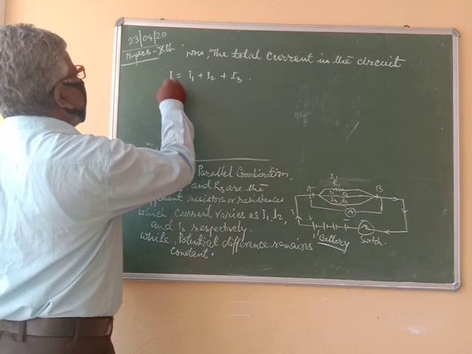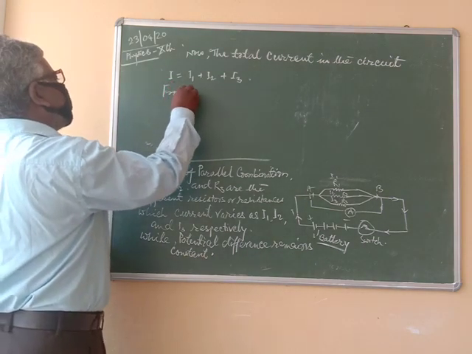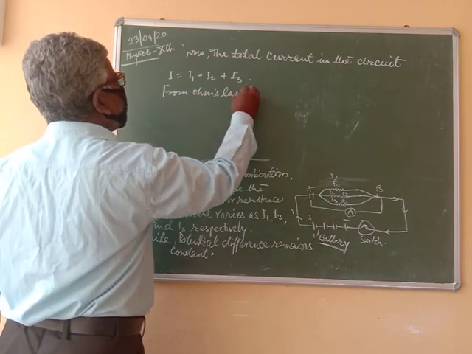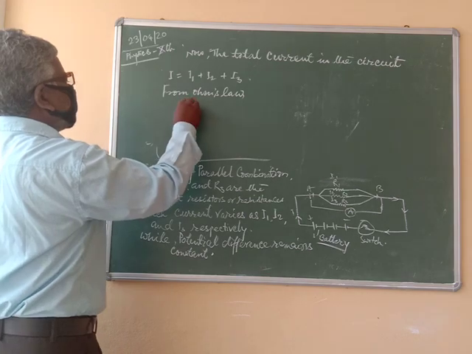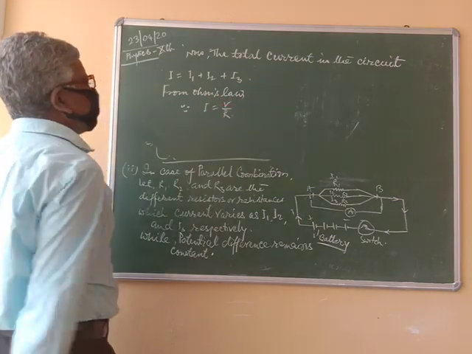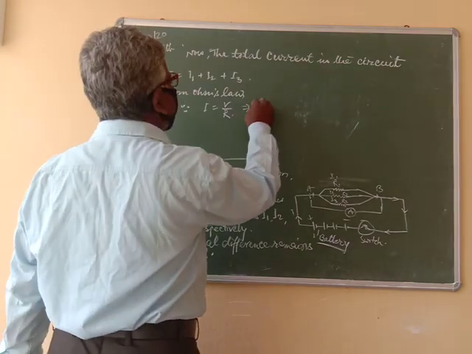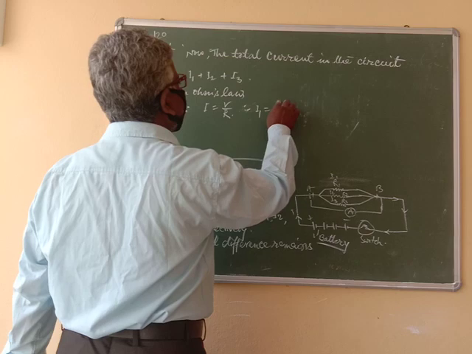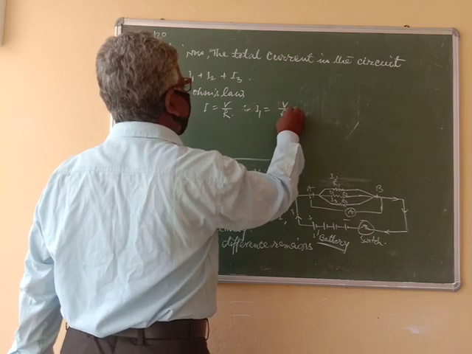From Ohm's law, since I is equal to V by R, therefore I1 is equal to V by R1.